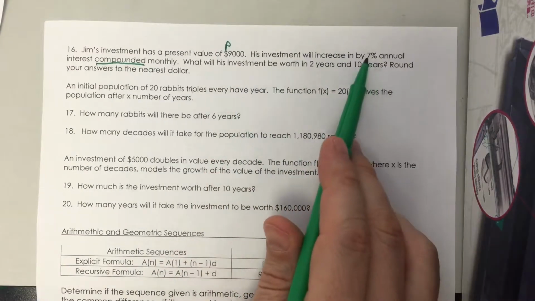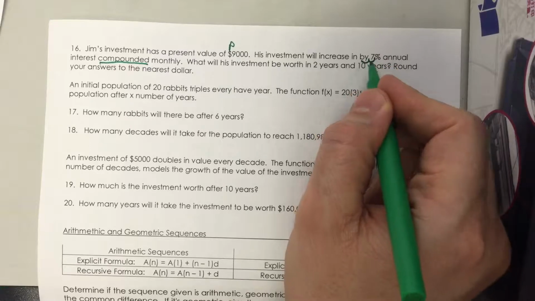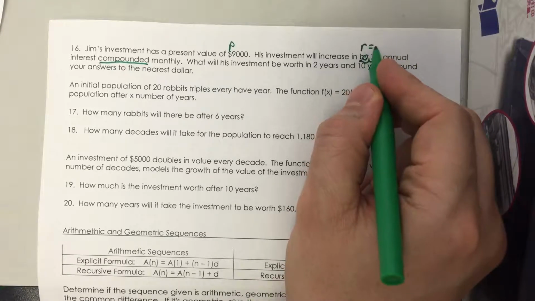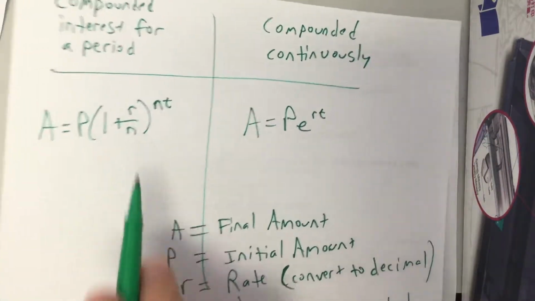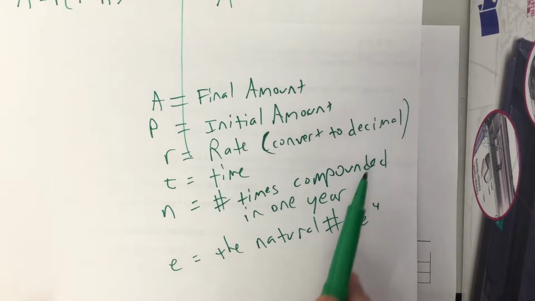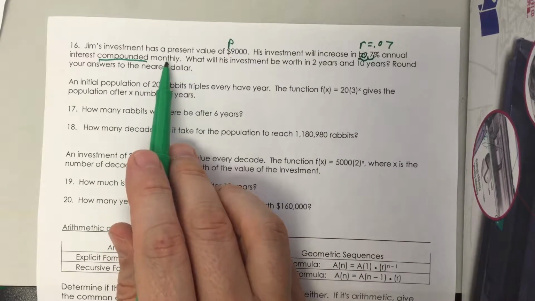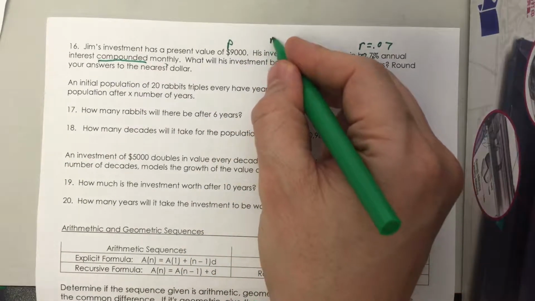What is the interest rate? 7%. When I convert that to a decimal, I go twice to the left. It's 0.07. So my R is 0.07. The N number is the number of times it's compounded in 1 year. It says it's compounded monthly, so that's 12 times in a year. So for this one, my N value is 12.